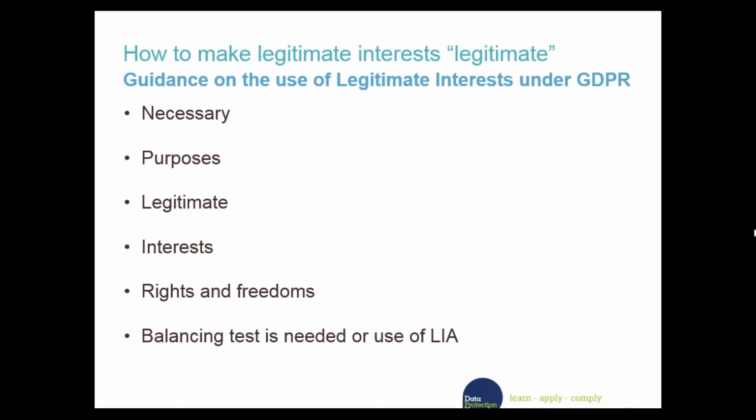So we end up, as a controller, looking at a processing requirement and saying, do we actually need personal data to carry out this particular activity? If we do, is consent the right solution, or is there a different solution?